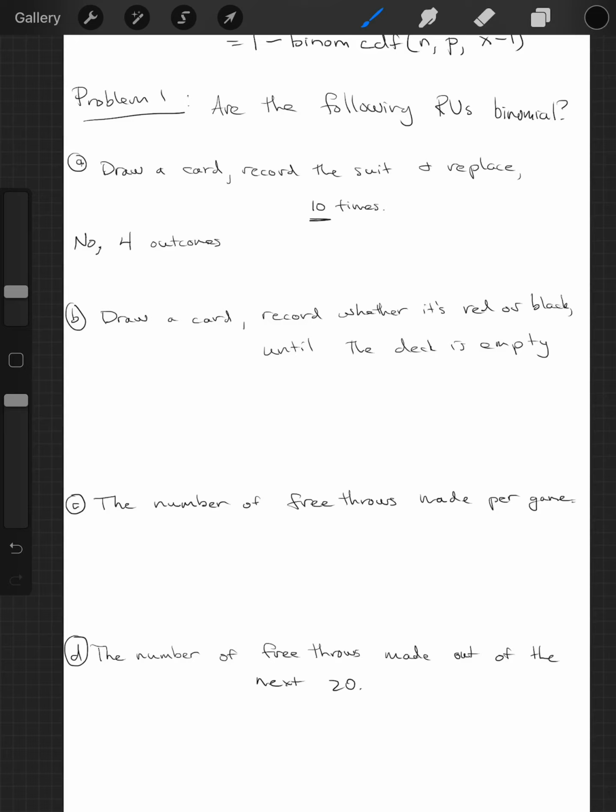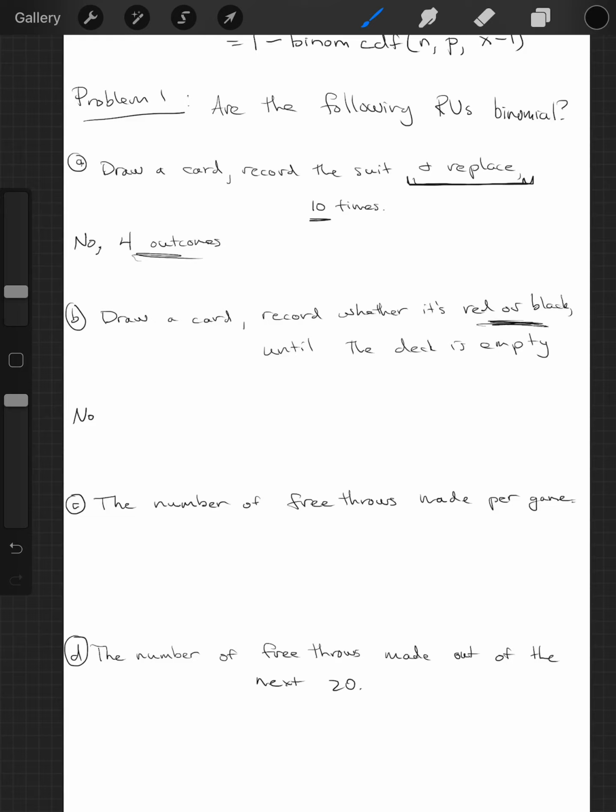But each of those trials, when you draw the card, could be one of 4 different things. There are 4 different suits, so there are 4 different outcomes for each individual trial. This replacing does indicate that the trials are independent. So really the only rule being broken is that there are 4 outcomes.